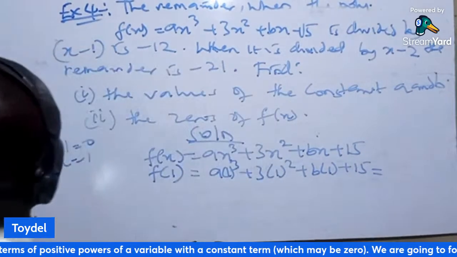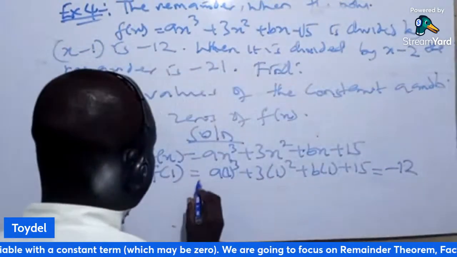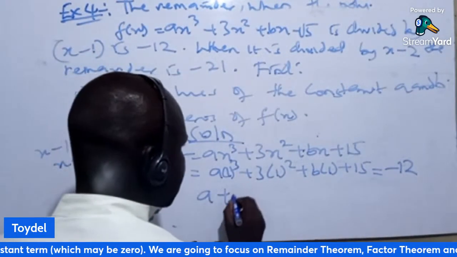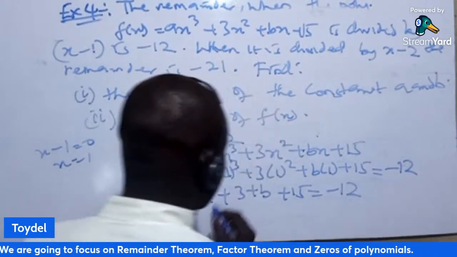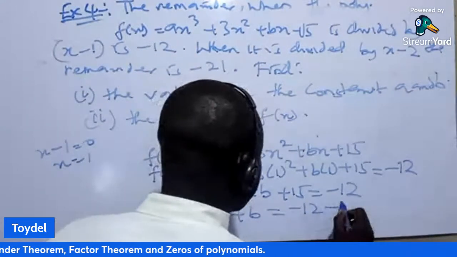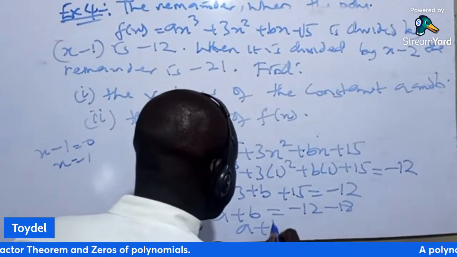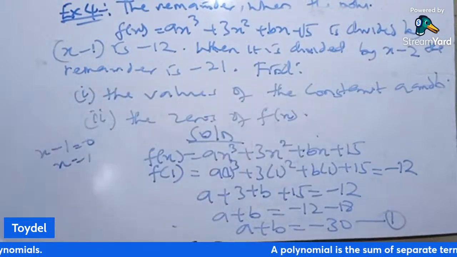When we substitute for x of 1, the remainder is minus 12. Then here we are going to have a plus 3 plus b plus 15 is equal to minus 12. So here we are going to have a plus b to be equal to minus 12 minus 18. So a plus b is equal to minus 30, equation 1. That's what you have.